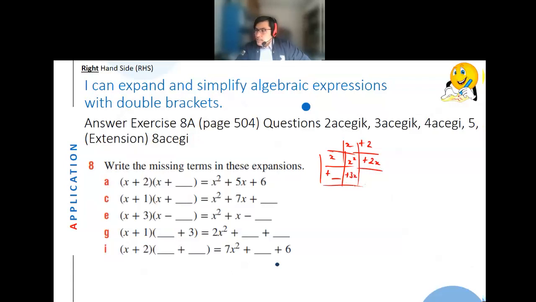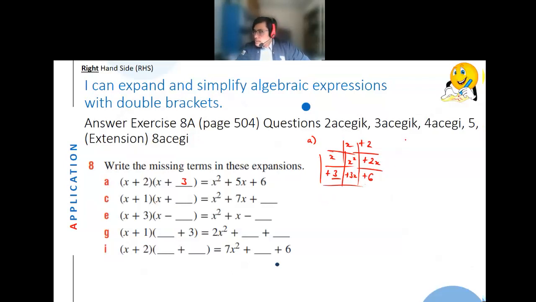And then we've got a plus 6 right here. So whatever this number is, when it multiplies with x, you get plus 3x, and when you multiply with 2, you get plus 6. You can probably guess the answer already. That number has to be 3. So this is for A, that has to be 3 there. We can see that this table is very useful because it allows you to work out things very easily.